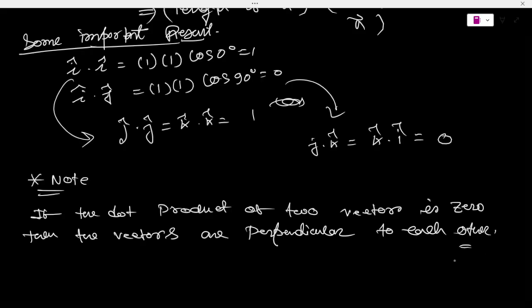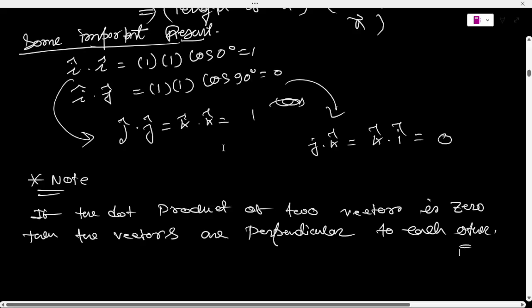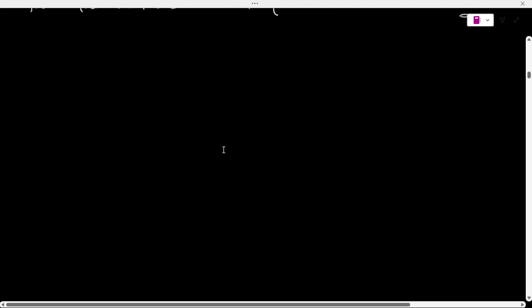Remember these things, that if the dot product of two vectors is coming out 0, then definitely they are perpendicular to each other. Okay, so work as a scalar product.